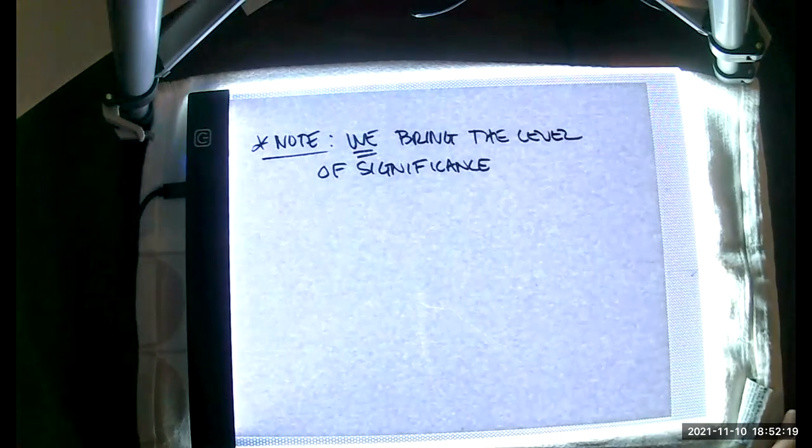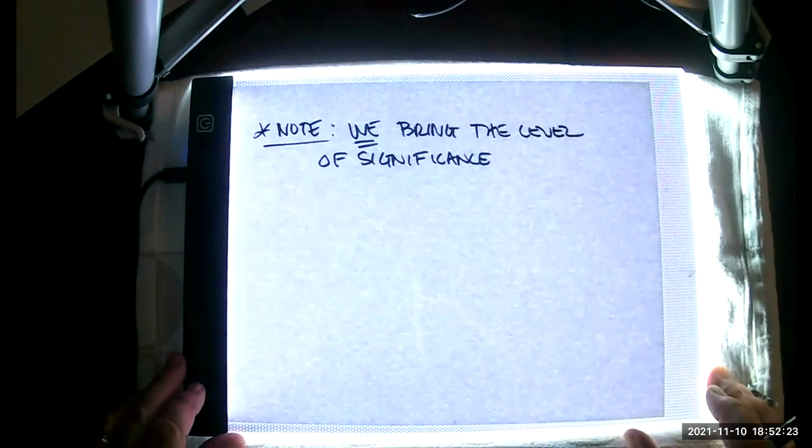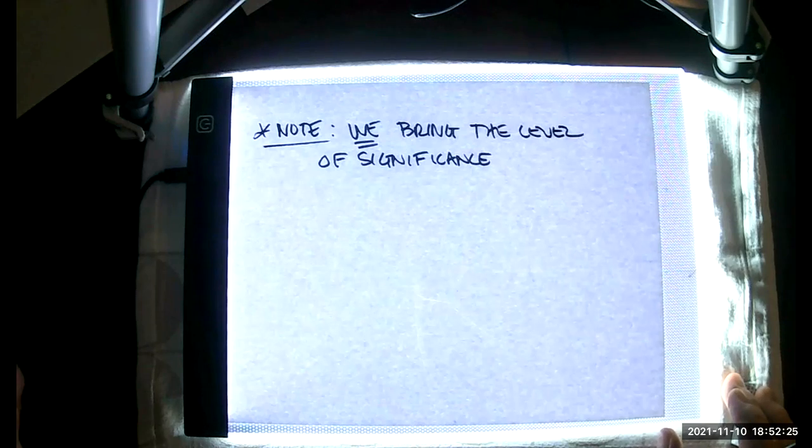We bring the level of significance. Yeah, it's stated in every problem, but it's the researcher who decides what to use, or the person interpreting data who decides what to use. There's no real golden standard here.